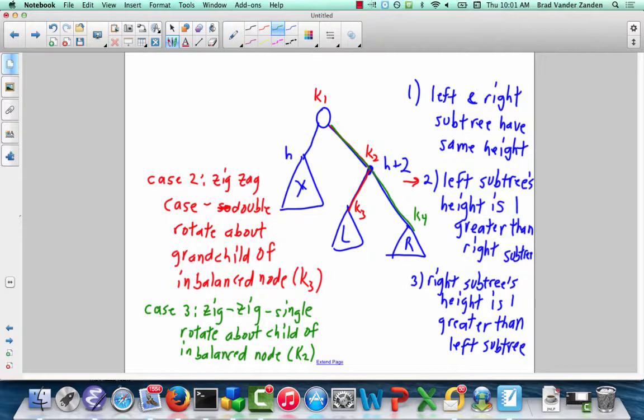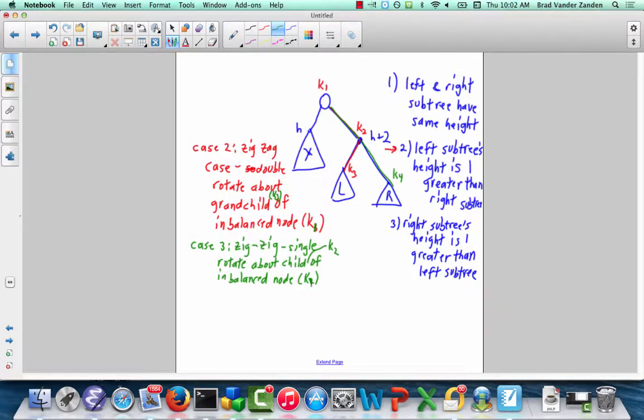A clearer way of writing that might have been: rotate about the grandchild K3 of the imbalanced node K1. For the zig-zig, it would have been better to say about the child K2 of the imbalanced node, which is K1. I'm just trying to make sure that in 2 weeks when you come back, you don't get confused.